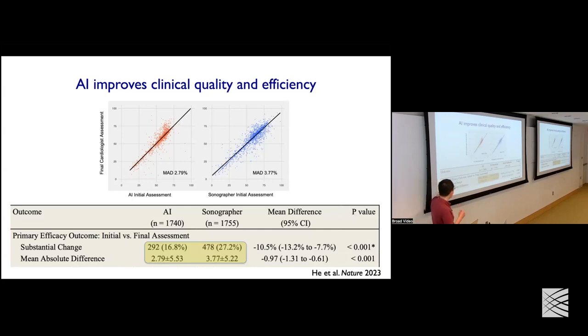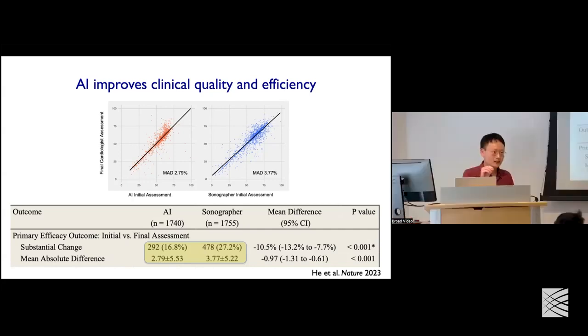In particular, the number of cases with significant disagreements with the initial readouts is about 17% of the time in the AI arm, whereas the human sonographer arm is closer to 30%. These significant disagreements involve the most time, because the cardiologists often have to redo the tracings and redo the assessment.